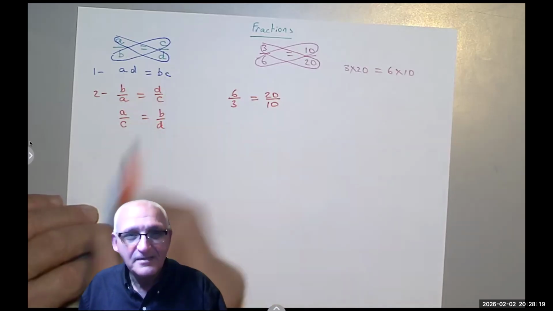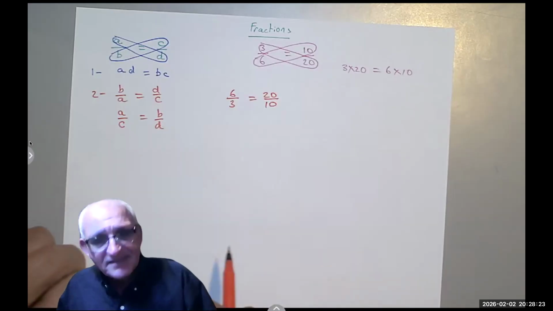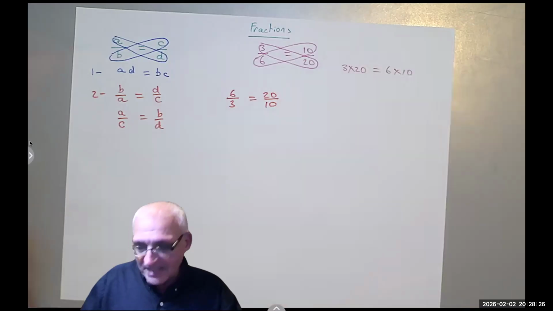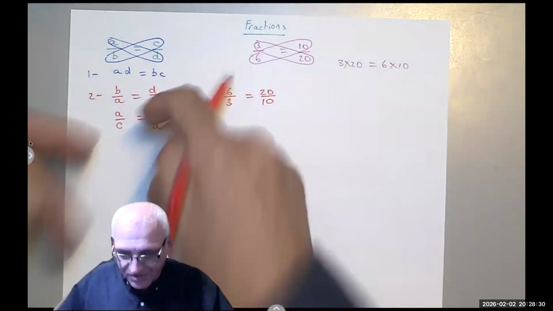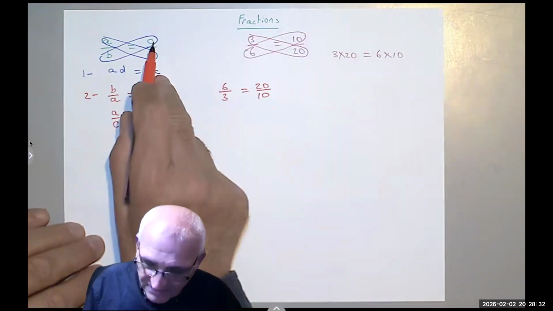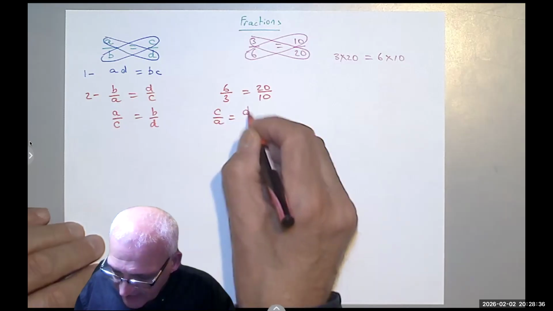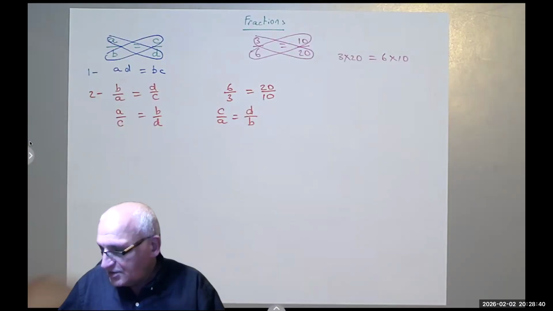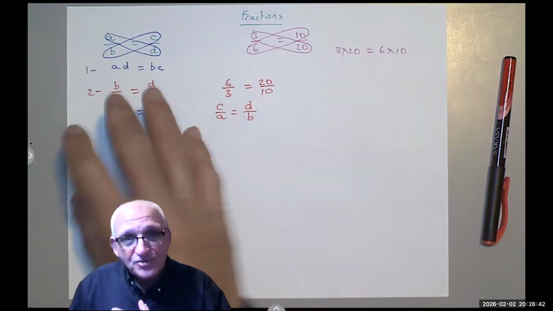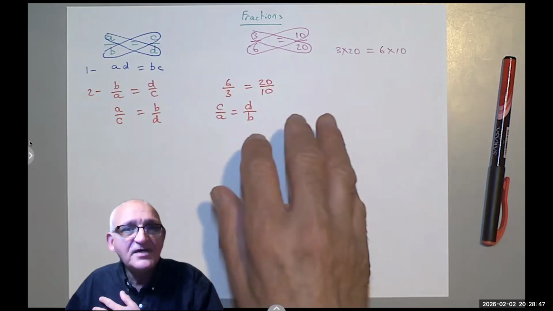It's the same thing. Not only that, I can do it backwards. I can switch those, or say C divided by A equals D divided by B.